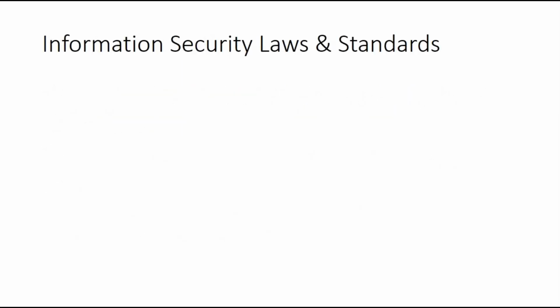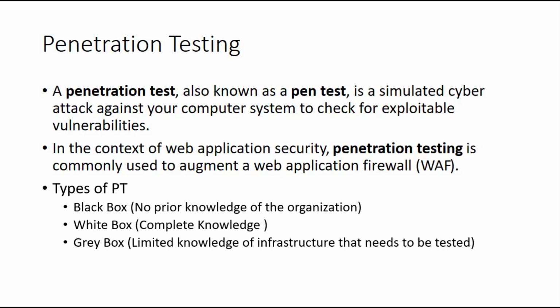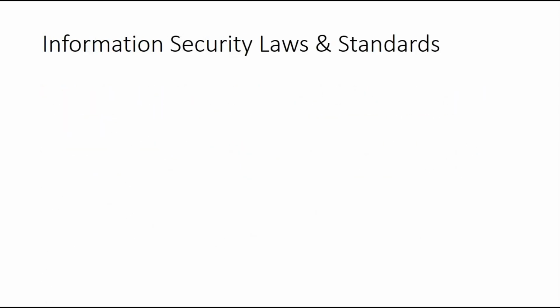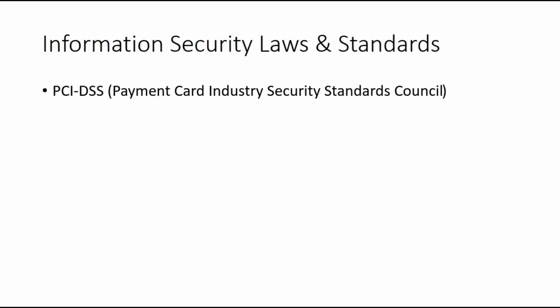Now the next one is information security laws and standards. This is a very important one, guys, because you should be aware, as there is a compliance team who are aware about these things. The first one is PCI DSS, that is Payment Card Industry Data Security Standard Council.